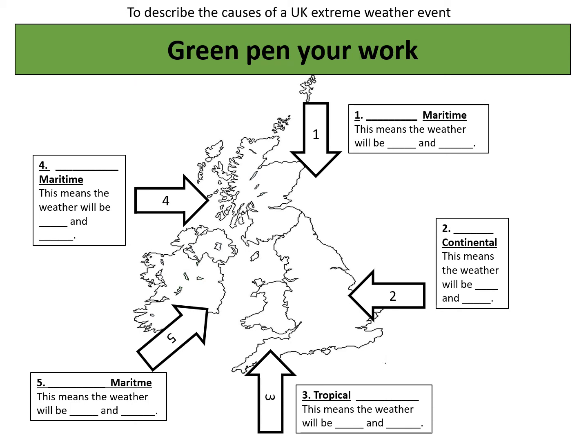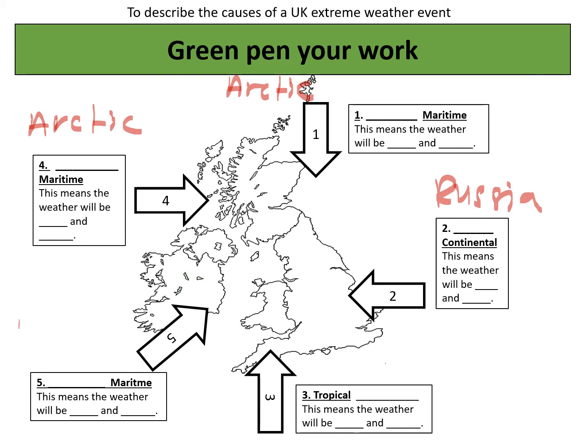So this one here is coming from the poles, so you might want to add a little bit of information around it. Here we have Russia. We've got the Arctic here. We also have the Arctic here.